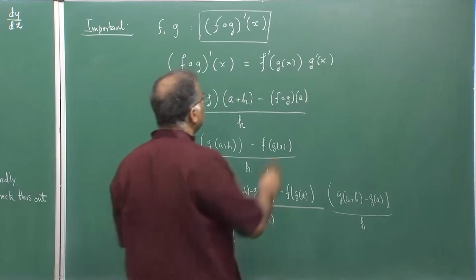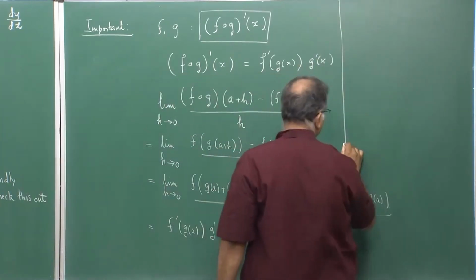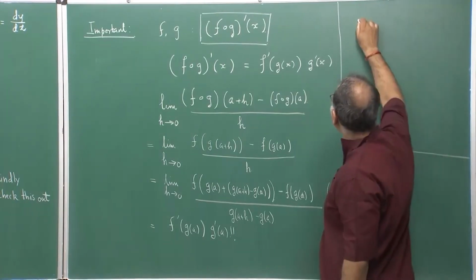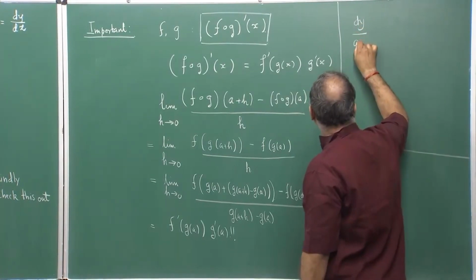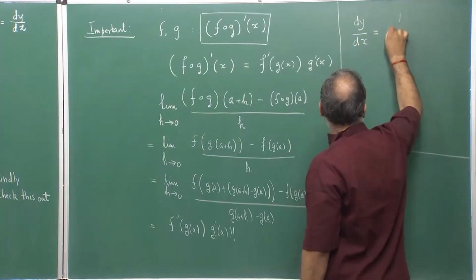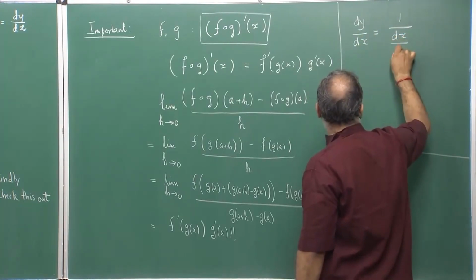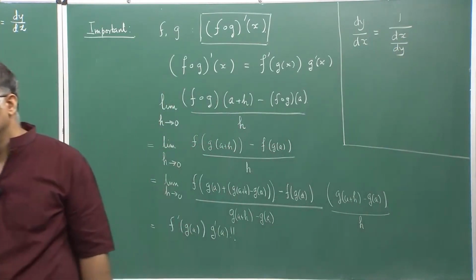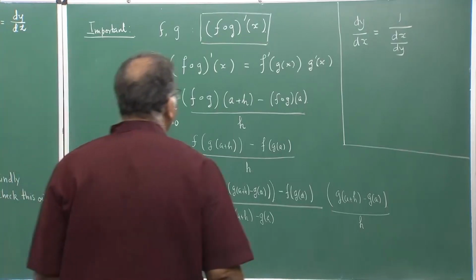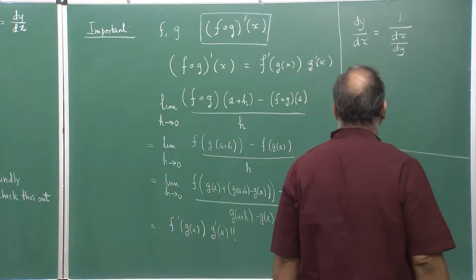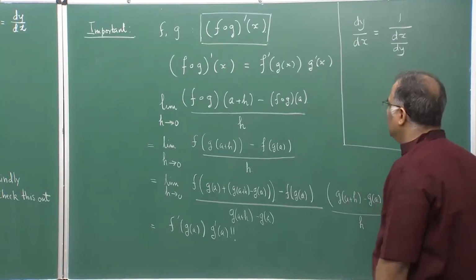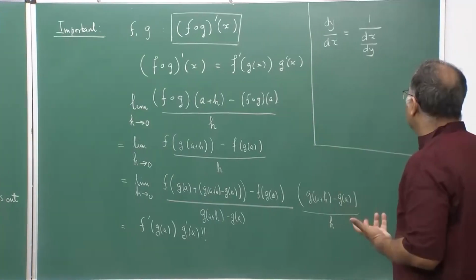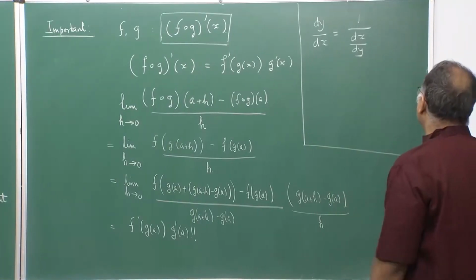See, one thing which I have seen students often do, it does not matter where you are a student. It is usually assumed okay dy dx is 1 by dx dy, as if it is just like a fraction. Right. But it is not a fraction essentially, it is an operator.